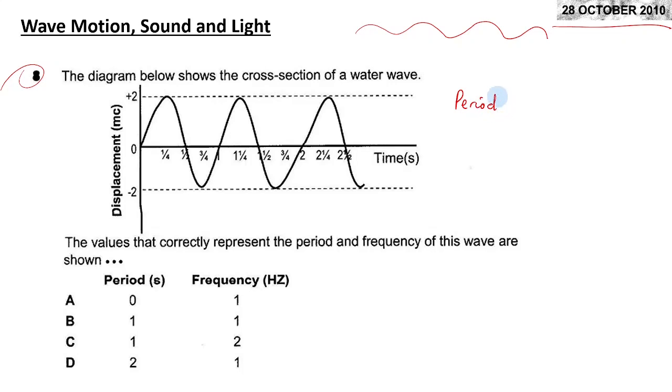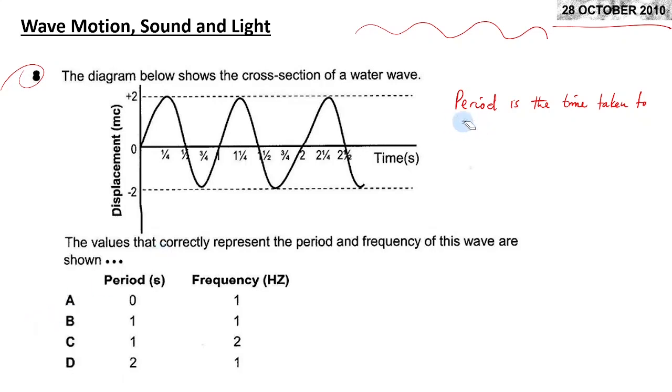Okay, so on a wave like this, if you have displacement and the time here, then period becomes the time taken to make a complete wave.